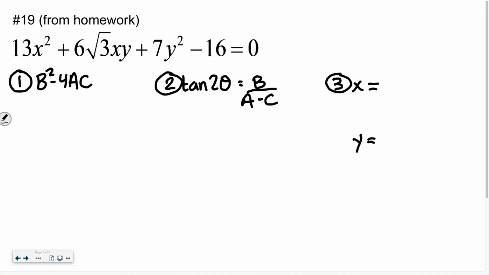Check it with your pod mates and see if you agree on the shape or the angle. That's a good idea.